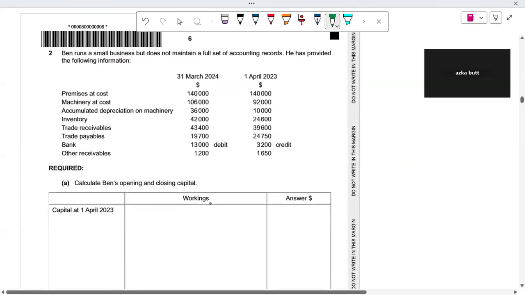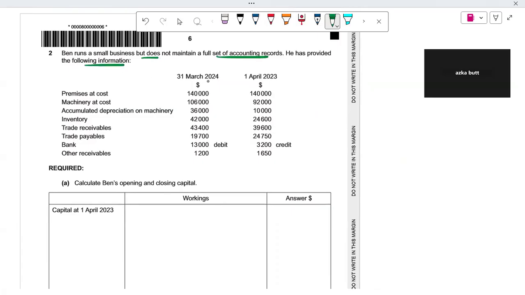Now let's move forward to the second person. Ben runs a small business but does not maintain a full set of accounting records, and he has provided the following information. We have the information related to 31st March and 1st April. So this is the opening year and this is the closing year.